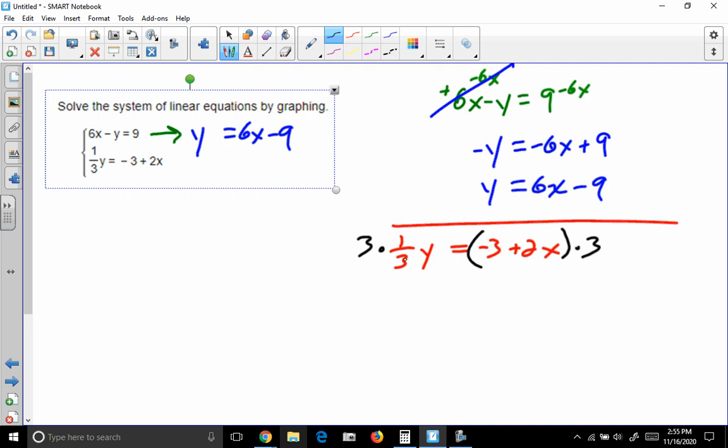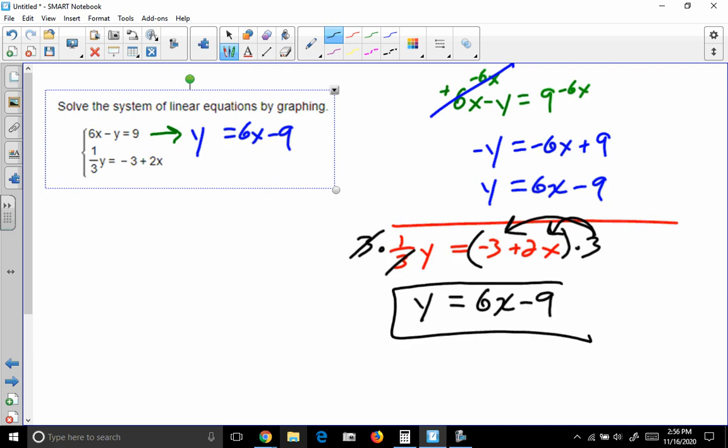The opposite of dividing is to multiply, so 3 on bottom, 3 on top. Those cancel, leaving us y. On the other side, we have 3 times 2x, which is 6x. 3 times minus 3, positive times negative is negative. 3 times 3 is 9. So that bottom equation is 6x minus 9.